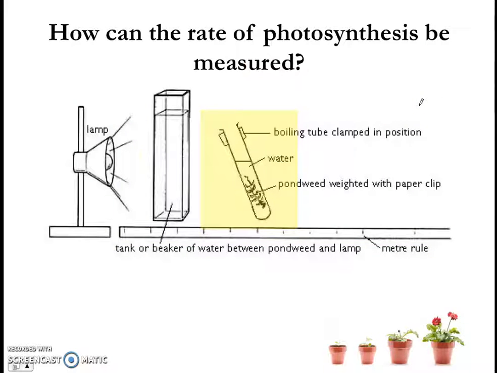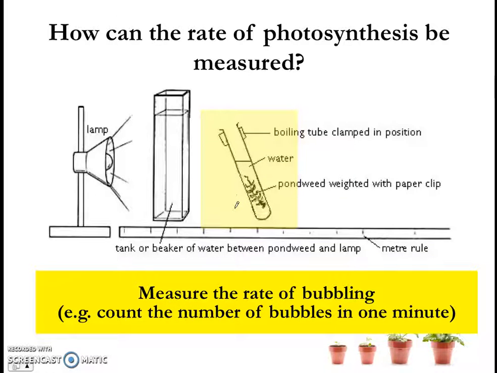Now, maybe you focus first on the fact that there was a plant and it was under the water. Now, how can the rate of photosynthesis be measured using this plant? Well, hopefully you remember something from your last lesson, that we can measure the rate of bubbling, right? And what would these bubbles be? The plant would produce some bubbles after some time, and those bubbles would contain oxygen gas, right?